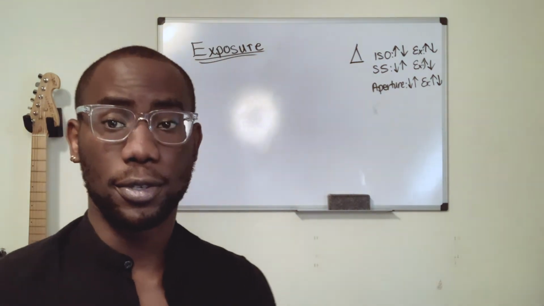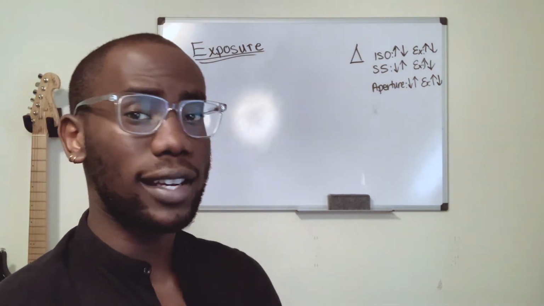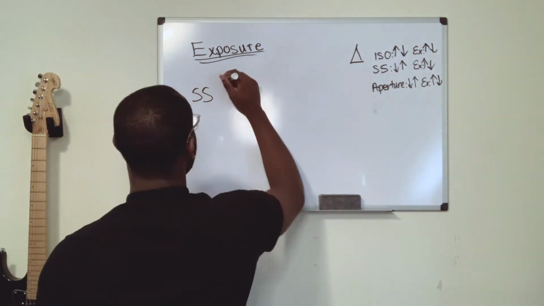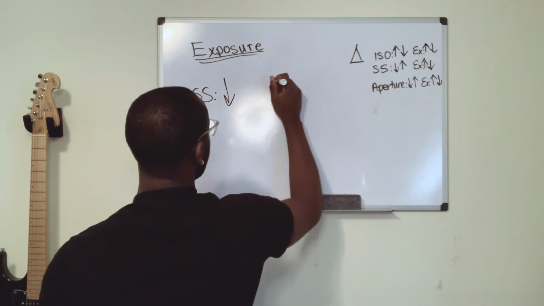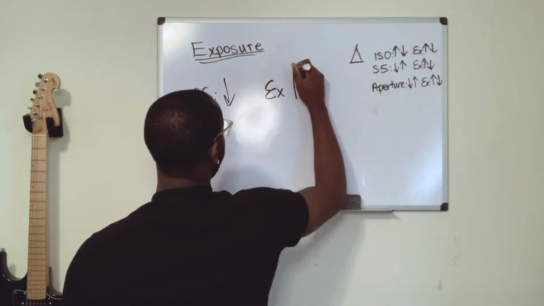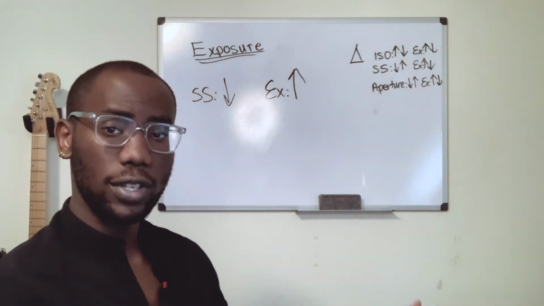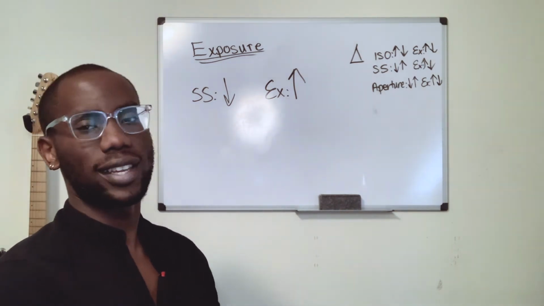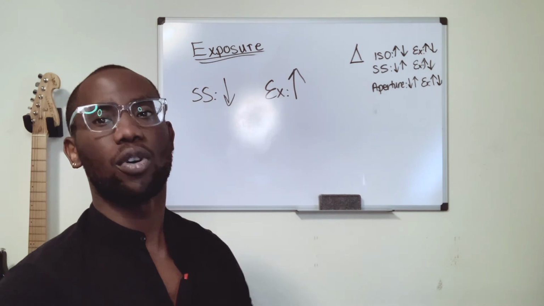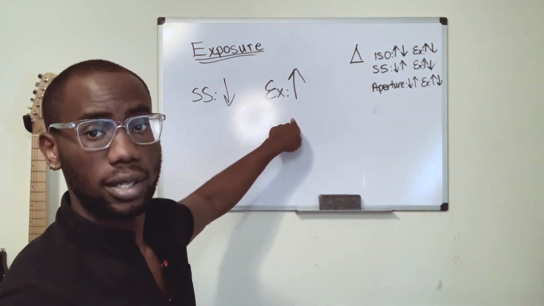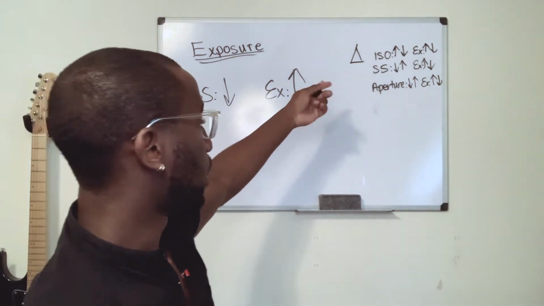So you have two options. You decreased the shutter speed to increase the motion blur, and therefore the entire image is more exposed. So what can you do to compensate for that increase in exposure? Well, now you have two options.